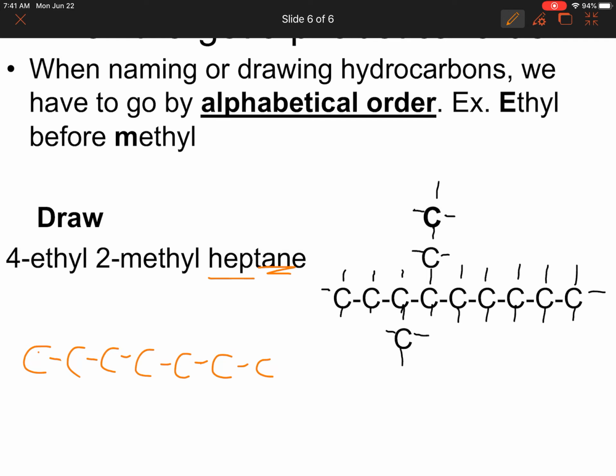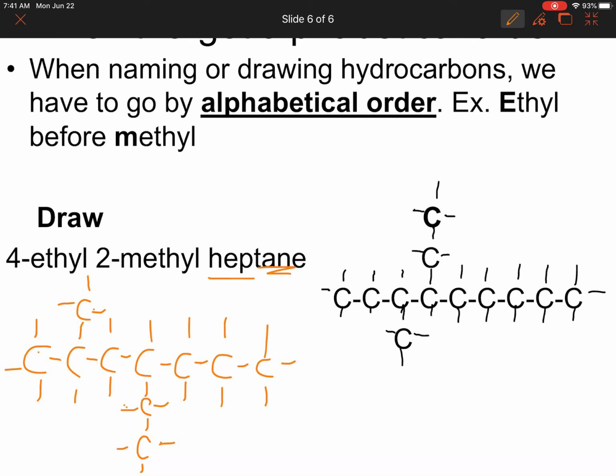There's a methyl on the number 2 carbon. 1, 2, put it on top or bottom. 4-ethyl. So 1, 2, 3, 4. I'll put it on the bottom. That's your ethyl. These are your hydrogens hanging off. There's just too many of them to draw. So we use sticks.